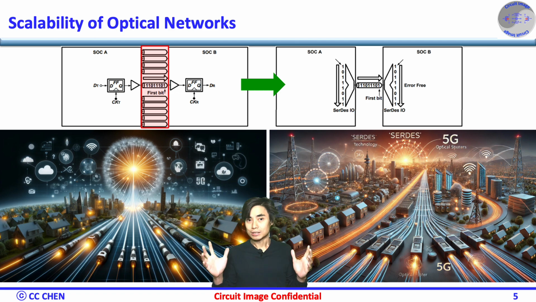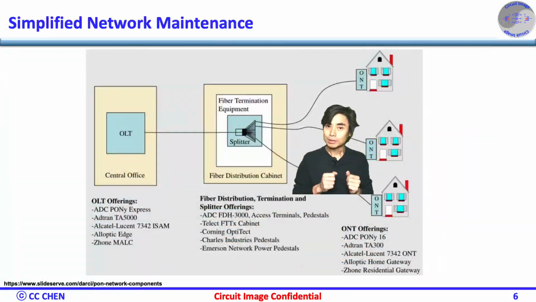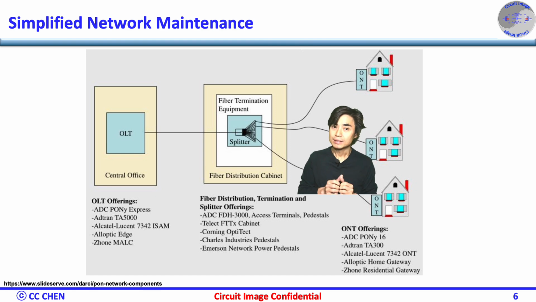transmission is critical. PON networks are easy to maintain thanks to the passive nature of the optical components, with fewer active elements that require power or management. The network is simpler and more reliable.